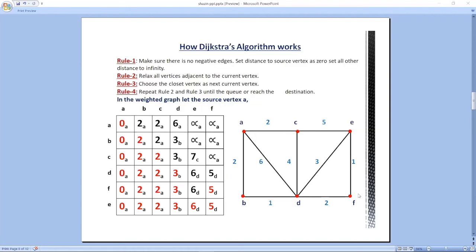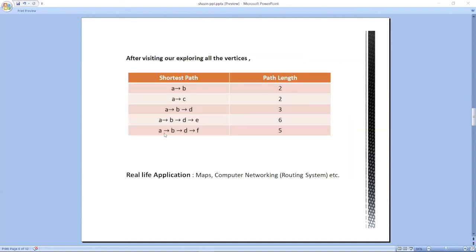If we want to find the F vertex, we check row wise F is here and column wise F is here, 5 units from D. If we check D, D is coming from B, and B is coming from A. So our shortest path will be A to B, B to D, and D to F, which is 5 units.